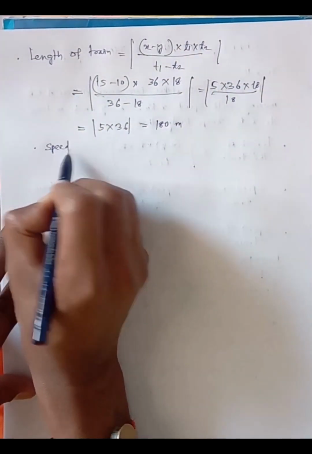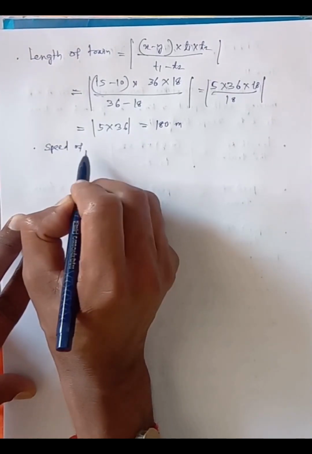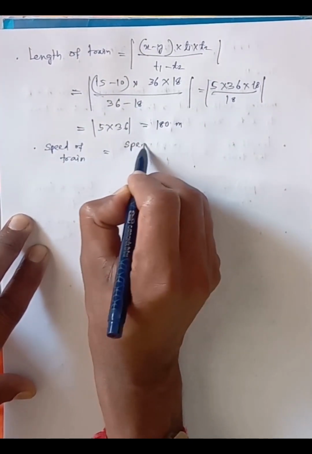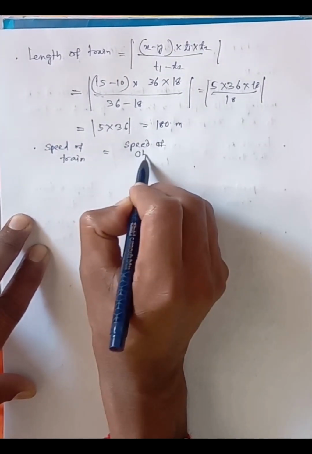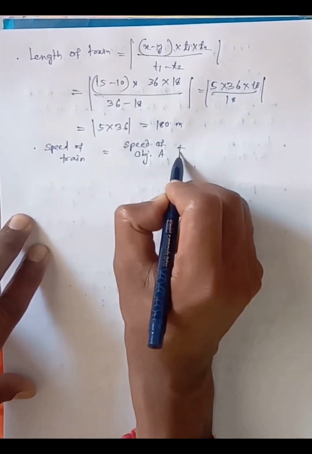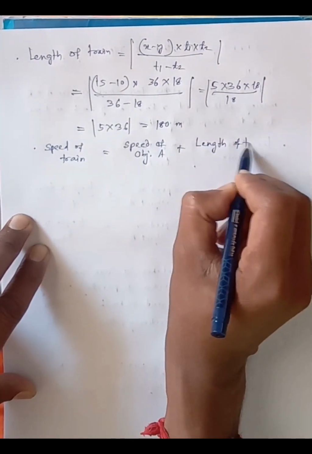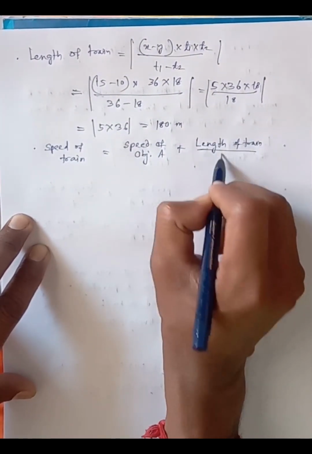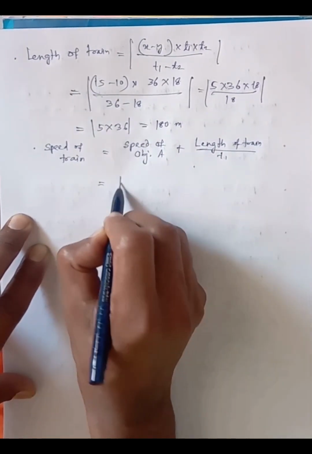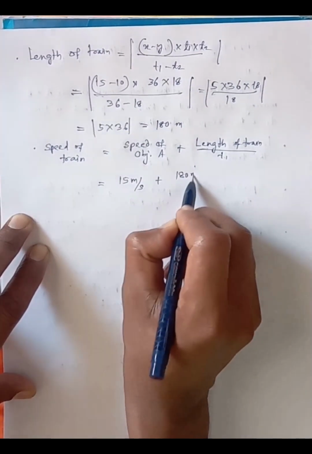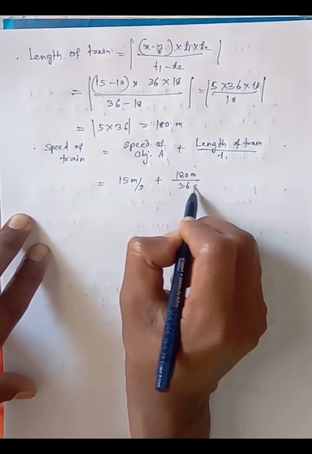Speed of train is equal to speed of object A plus length of a train divided by t1. This is equal to 15 meter per second plus 180 meter by 36 second.